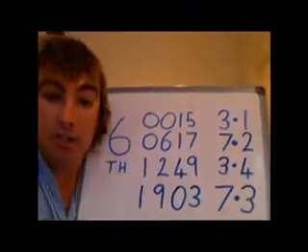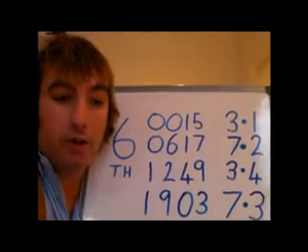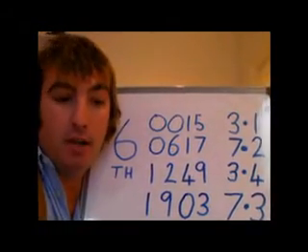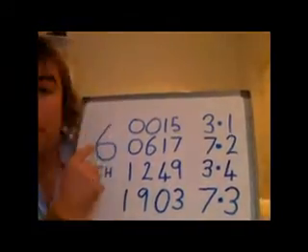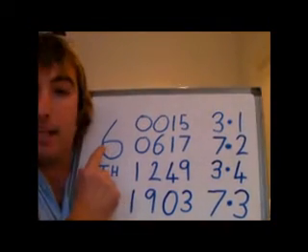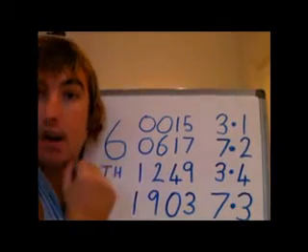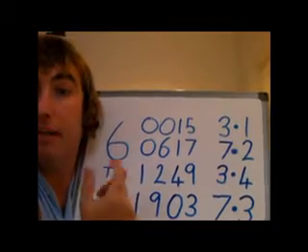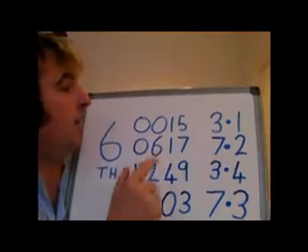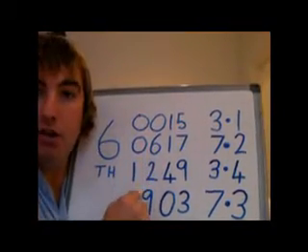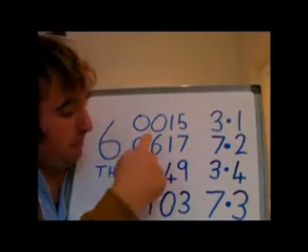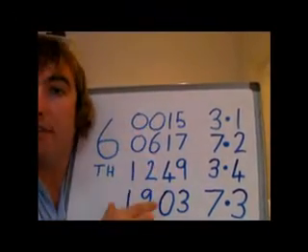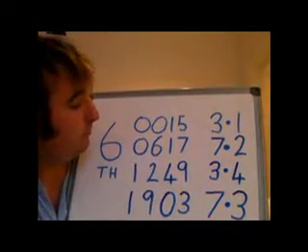What I've got here is just a little extract from the almanac, just so I can show it to you a little better. So the big number 6 here is the 6th of September, and then the TH is today, so that'll be for Thursday. Then we've got the times running down in UT, roughly every 6 hours.